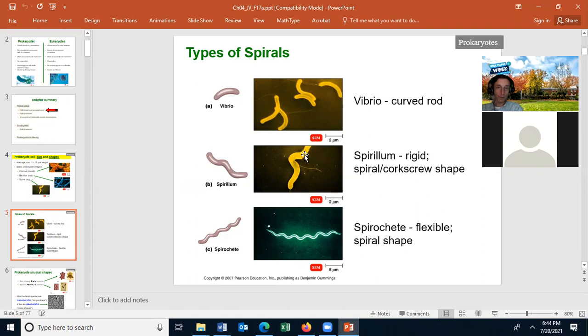It has a corkscrew type shape, and it actually moves in a corkscrew type motion. And then there's the spirochete, which is a spiral with many spirals to it. It's more flexible than the spirillum.